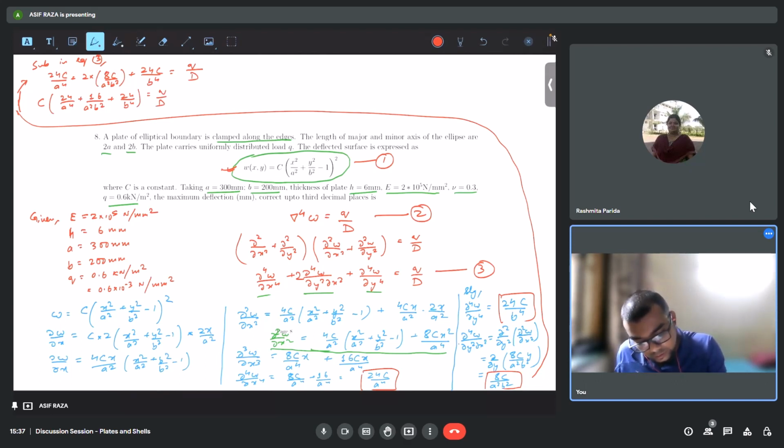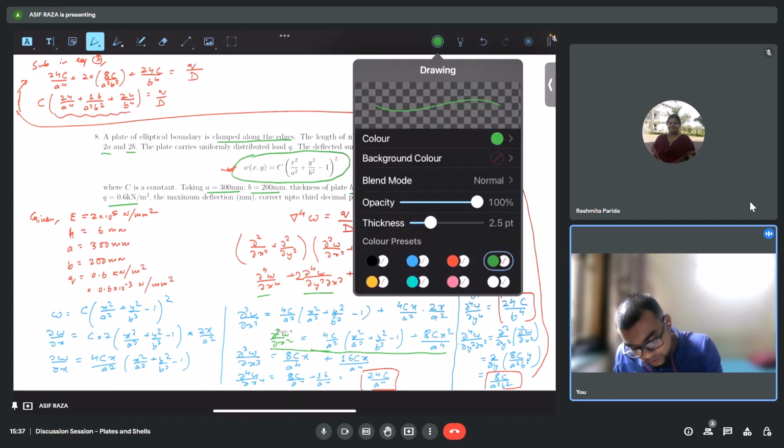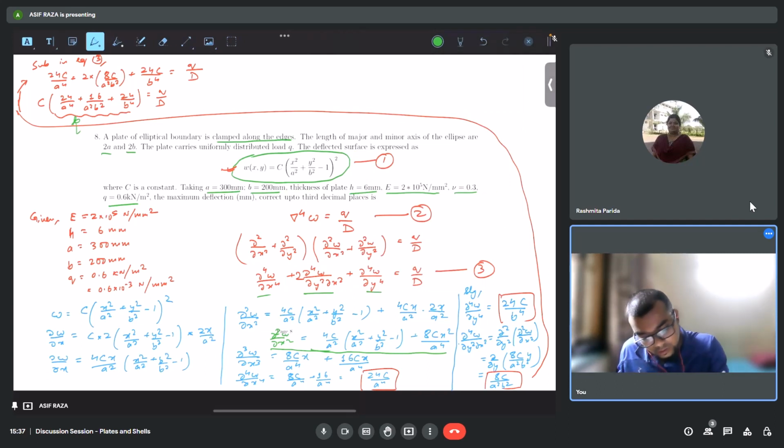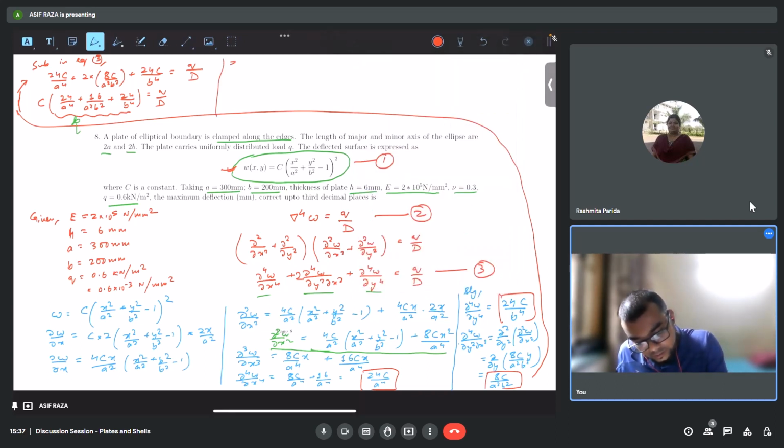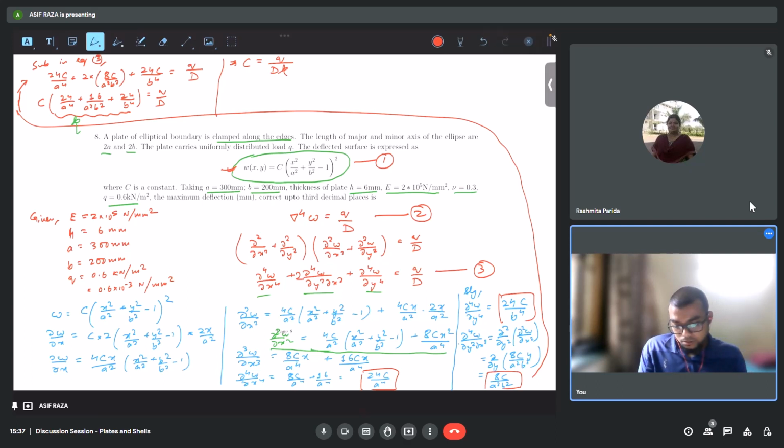So let us take this as k. So what will be the value of c? It will be q upon D k. Okay. So we need to find the maximum deflection first.